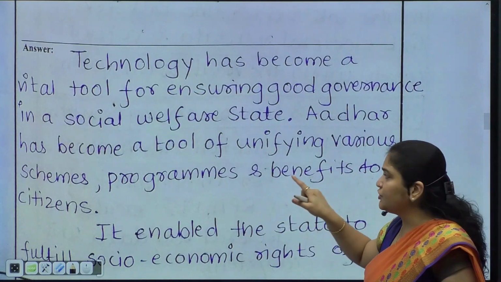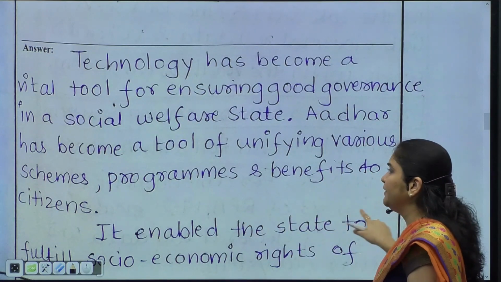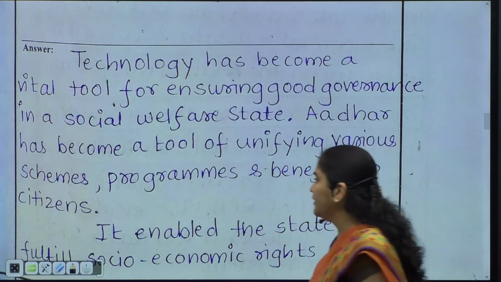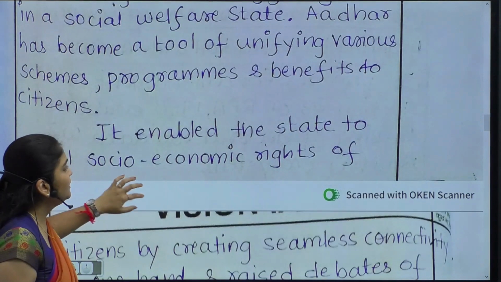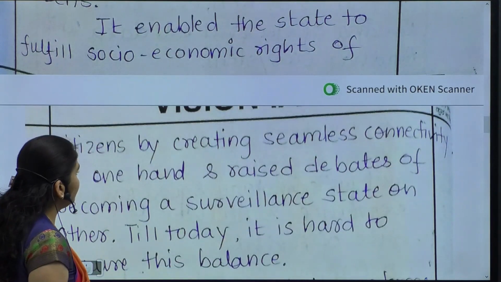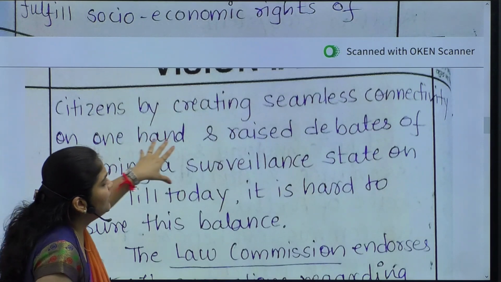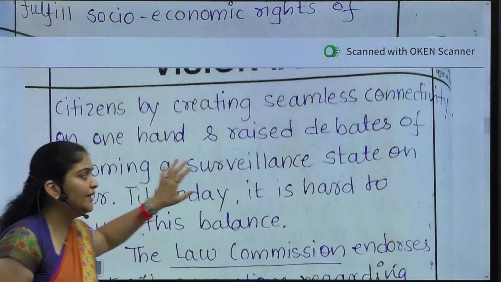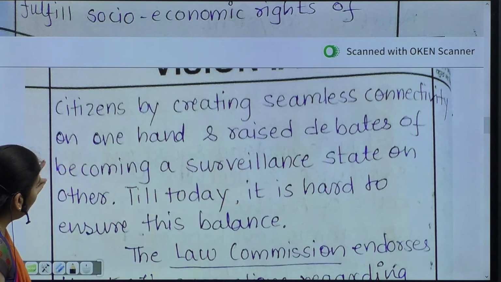Aadhaar has become such a tool of unifying various schemes, programs and benefits to the citizens. It enabled the state to fulfill the socio-economic rights of citizens, creating seamless connectivity on one hand, and also raised debates of becoming a surveillance state on the other.